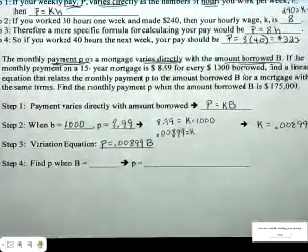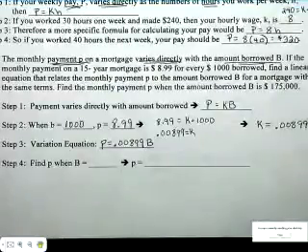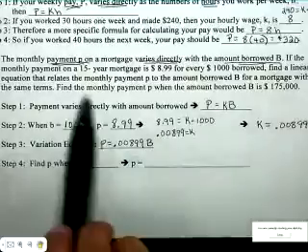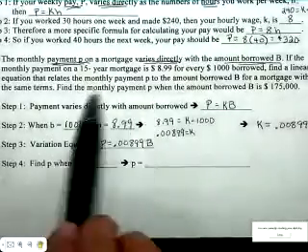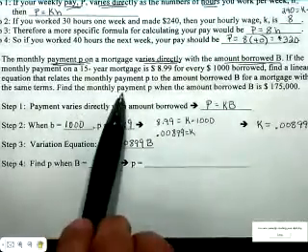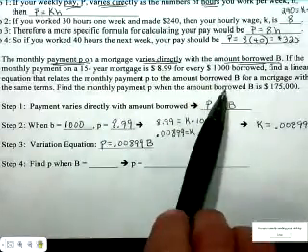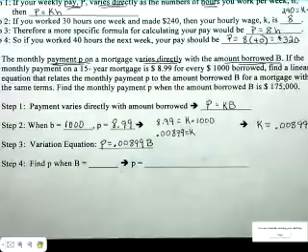Now that we have that constant, we're going to be asked to use that general equation to predict something else. The something else we're predicting is in this last sentence. Find the monthly payment, that means find P, when the amount borrowed, that means when B, is $175,000.